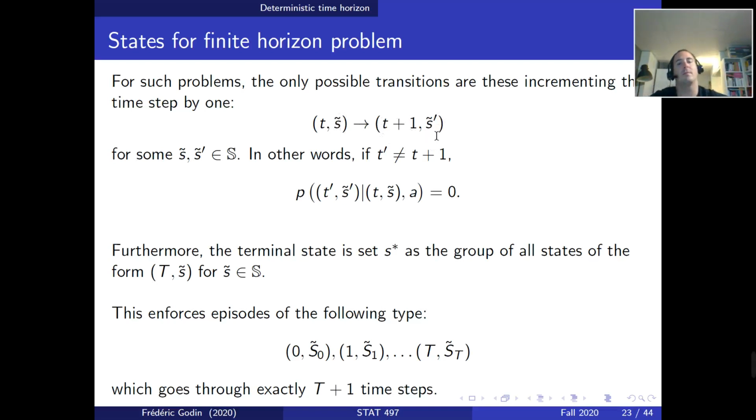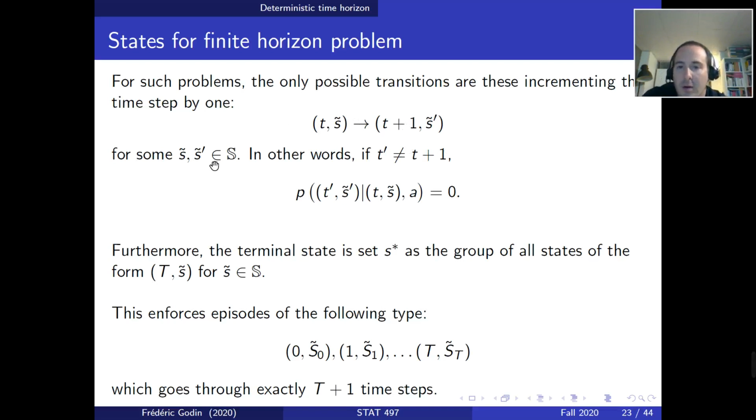So the only possible way to travel from state to state in these problems is if the time increases by 1. If you're at time t in the last period, you're going to end up at time t plus 1 in the next period. Only these types of transitions between states are allowed.